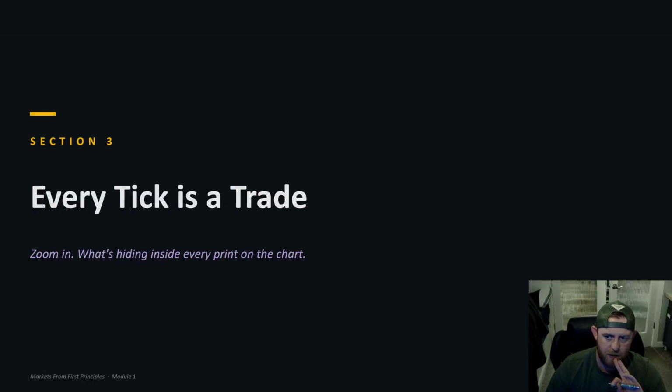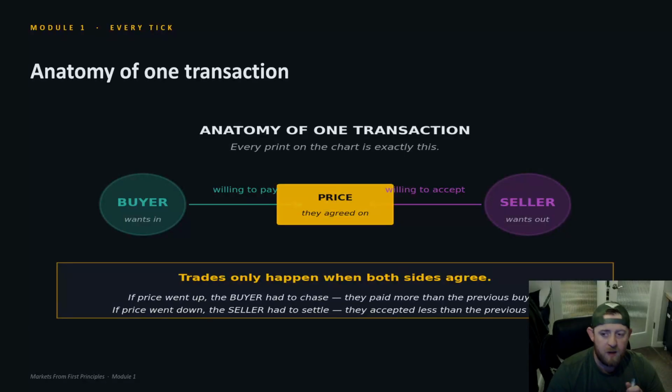Trying to move my notes here. So yeah, we're going to dig into this. And as we zoom in, you're going to see all the stuff that's actually hidden in there that a line chart will never show you. And a larger view of that same thing isn't going to show you. So that same chart. So what's the transaction look like?